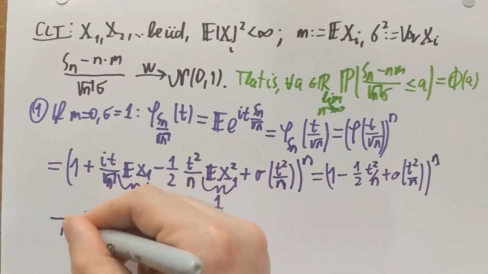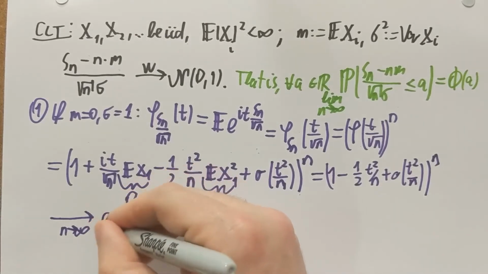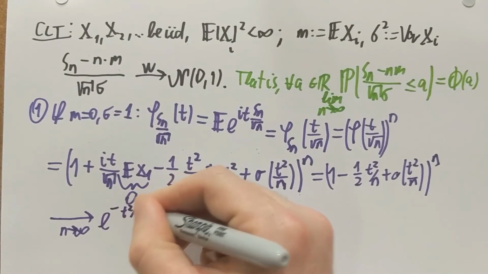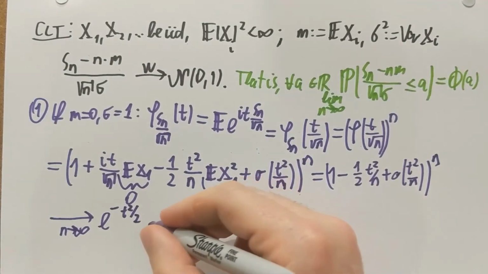As n goes to infinity, anything that's little o of 1 over n doesn't make any contribution to the limit. The limit will only come from the one half t squared over n with the minus sign, and so that converges to e to the negative t squared over 2.